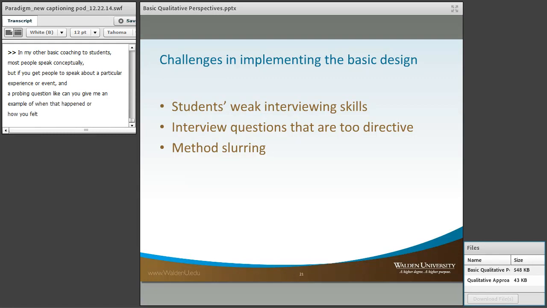And then once they start telling a story about a particular experience, then the other questions about the meaning of that experience or the richness of that experience just unfold. And that's another basic challenge to students who don't have the experience, who are just doing any kind of qualitative research for the first time.